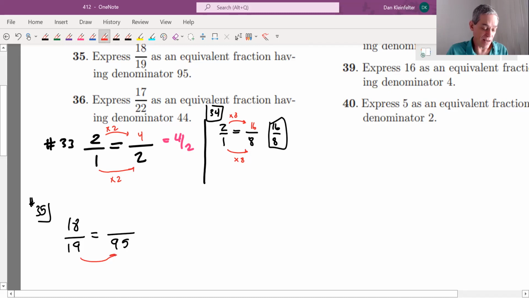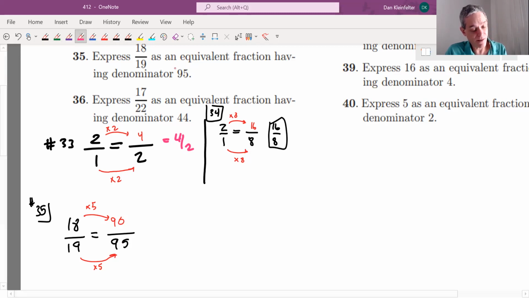If you think about nickels, how many nickels there are in a dollar, there's 20 nickels in a dollar, and that makes 95 cents for 19 of them. So 5. All right. Okay, and then 18 times 5 is going to be 90. All right, so 90 95ths is our final answer for 35.